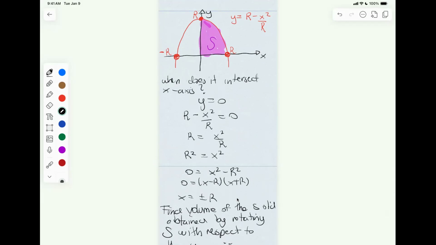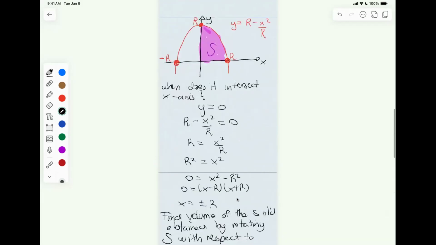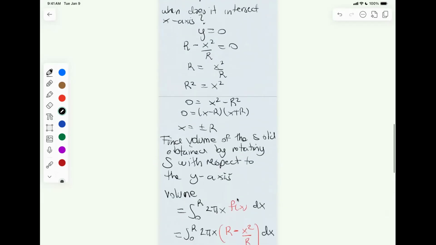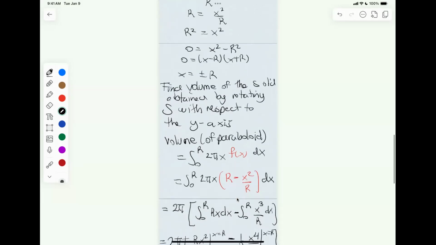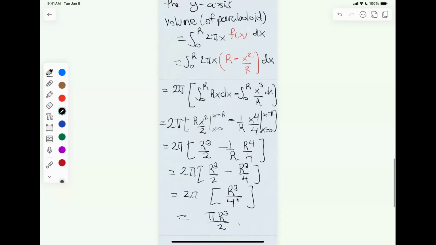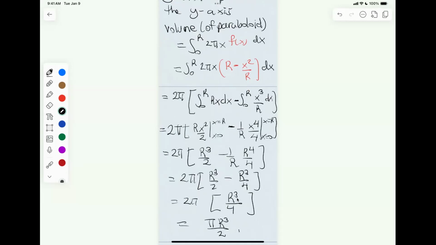So this is the volume of the paraboloid, in case you want the name, but you don't need to know the name. So that would be the volume.